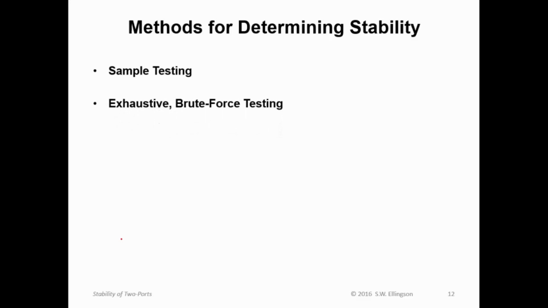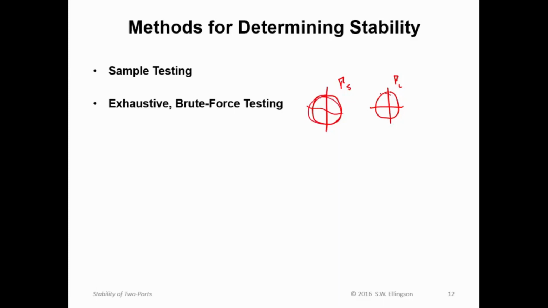We can do exhaustive brute force testing. And what this means is we do the map. So we do the gamma sub S map, we do the gamma sub L map, and for all values within the unit circle, we check for stability. And this is actually very practical to do in the year 2016 because computers run sufficiently fast that we can systematically check every possible value of source and load impedance because they all fall within the unit circle.